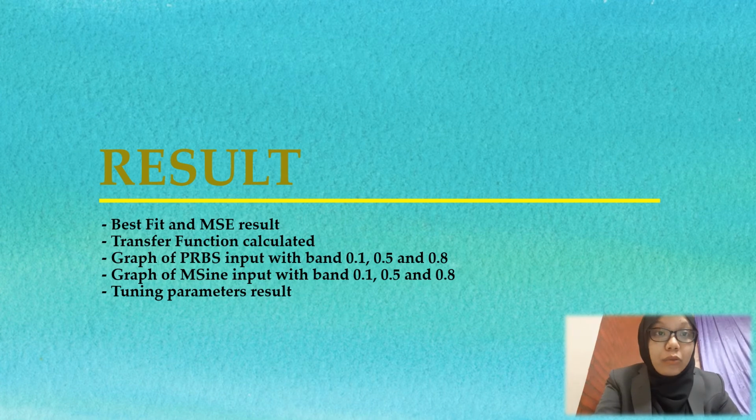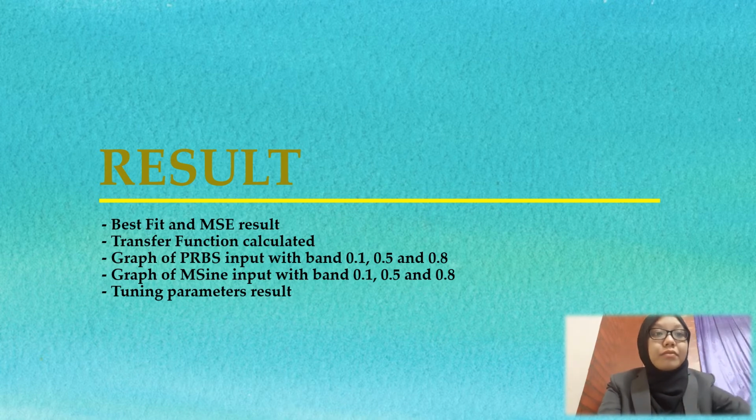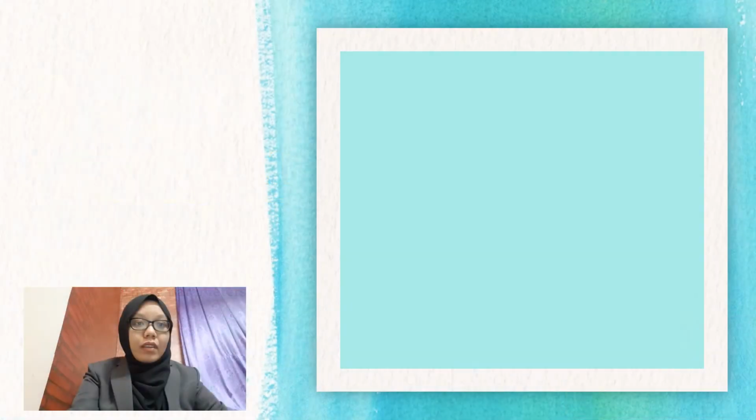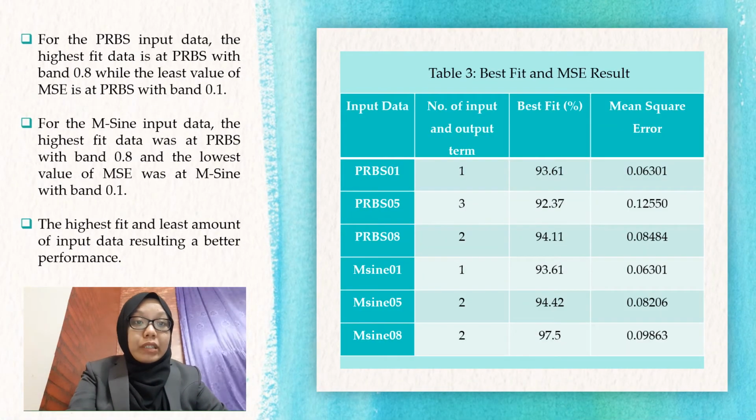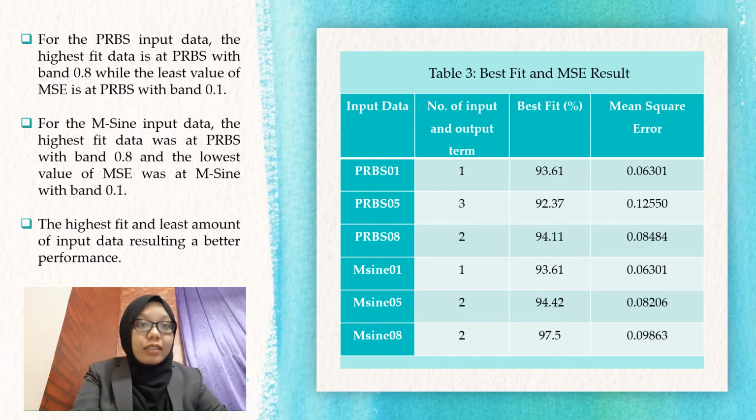The result was divided into 5 parts, which are the best fit and MSE result, the transfer function calculated, the graph of PRBS input, the graph of M-sign input, and lastly the tuning parameter result. Here is table 3, the table of best fit result percentage and MSE result.